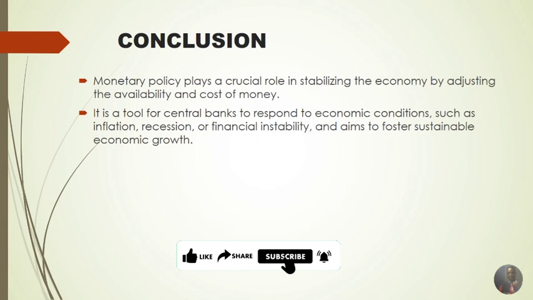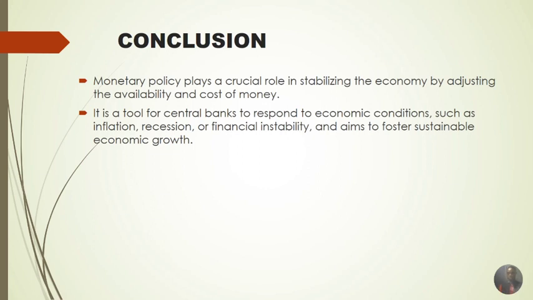By adjusting the availability and the cost of money, they're going to influence demand and supply, how money is being supplied and circulating in the economy. So they're able to influence even the economic activities themselves, stabilizing the economy and reducing inflation. But this is all in line with the availability and the cost of money.